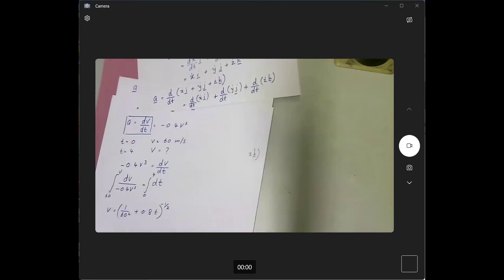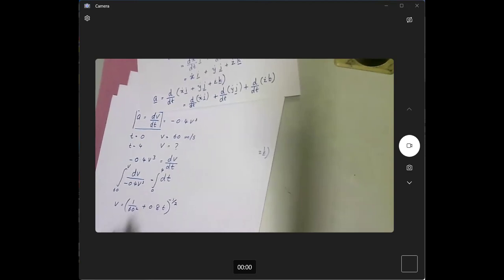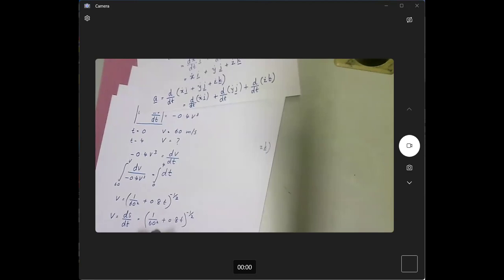Then the second part of the question asks you to find the displacement. How can we find displacement? v is ds over dt. And we have found the velocity as 1 over 60 squared, and we can do the same thing like in this case.